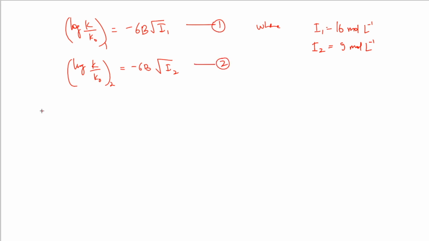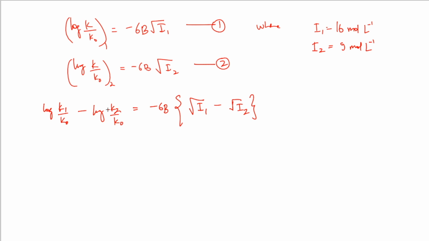Let's just subtract these. So log K1 upon K naught minus log K2 upon K naught is equal to minus 6b, which will remain common, under root I1 minus under root I2, right?